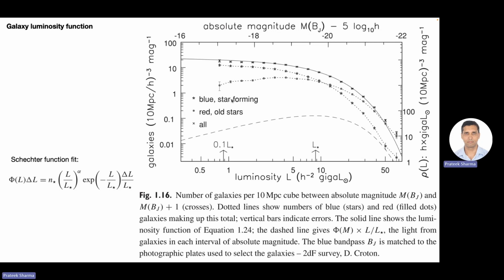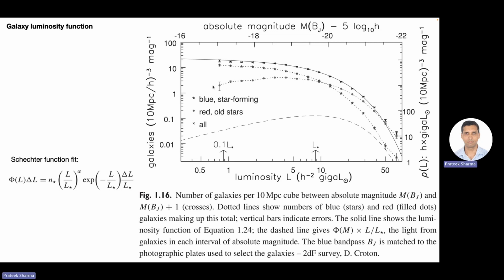This is blue star forming galaxies. This exercise is done for only blue star forming galaxies. This is what you'll get, these stars. If you do the same exercise for galaxies which contain red old stars, you will get something like this. Thing to note, we already talked about it, that the most massive galaxies are the elliptical galaxies, which are red and dead most of the time.